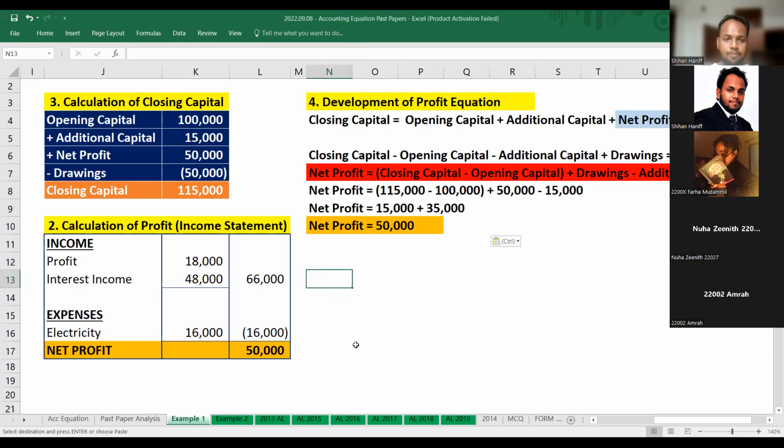Is it clear to everyone? We did a very simple basic example. Recording the transactions in the accounting equation and developing the profit equation. Now let's do another example.